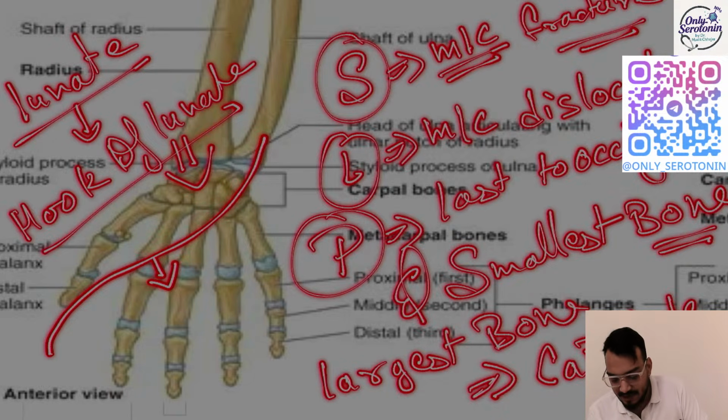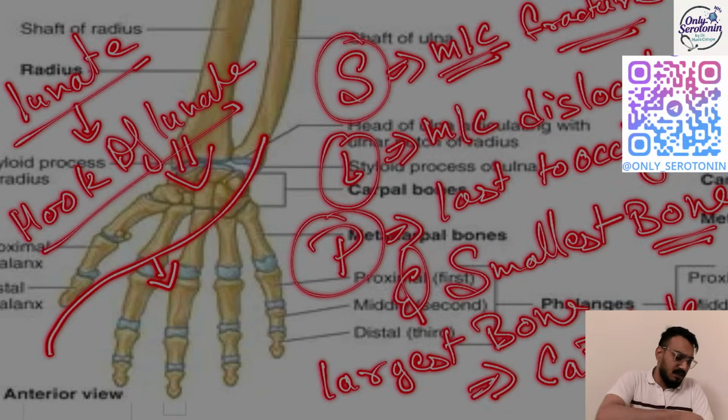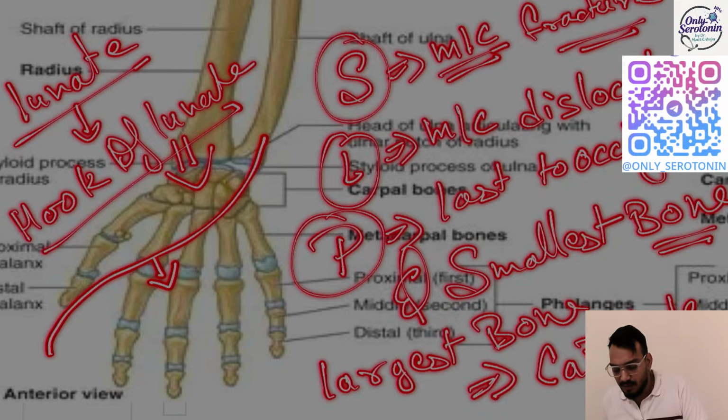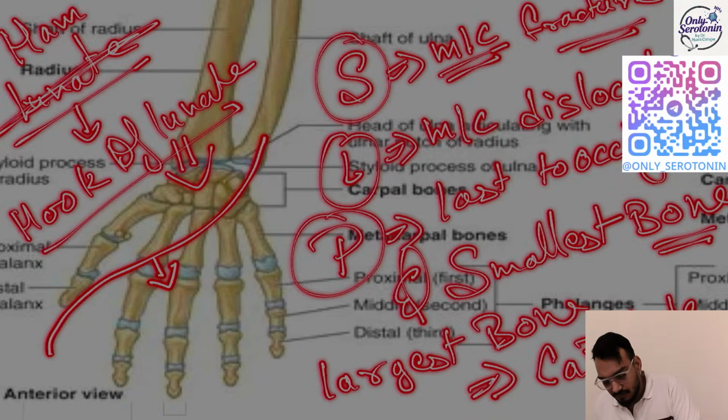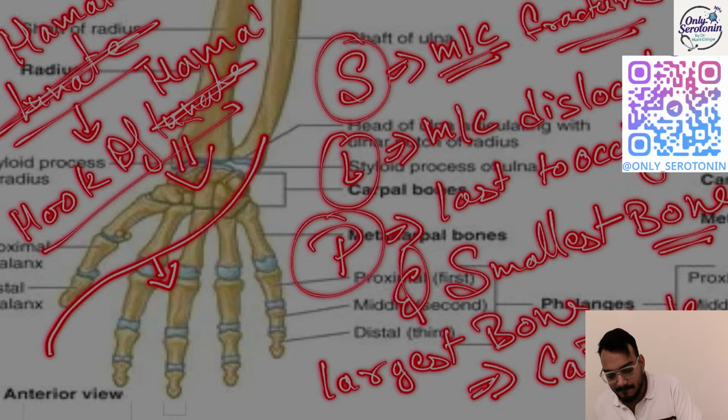Can you guys tell me the name of the nerve? Which nerve passes through the hook of hamate?